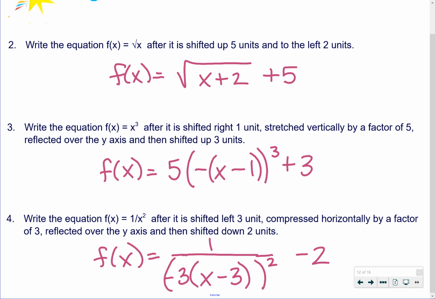All right, bottom one's a little tricky. Anything that is near the x is happening inside the function. So it's almost like what we would do with the squaring function, but there's a 1 over it when we see that reciprocal squared.